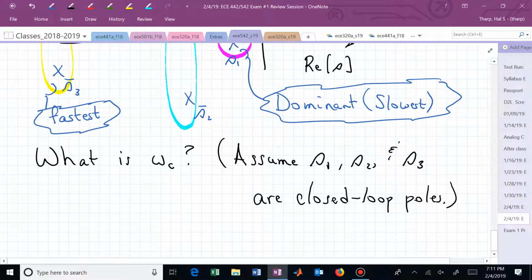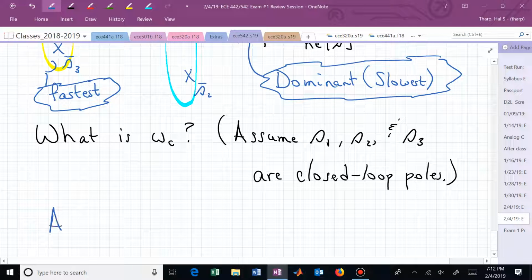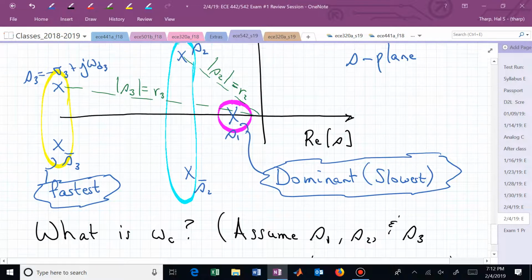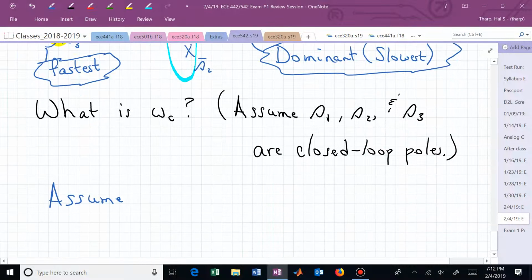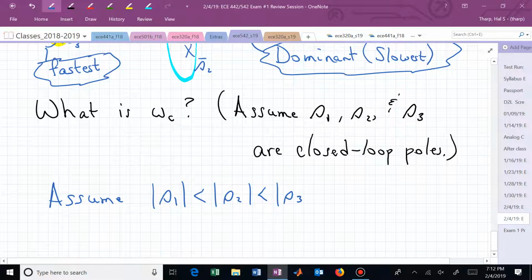And I'm going to go ahead and also assume the following relationship. Each of those poles, S1, S sub 2, and S sub 3, have a hypotenuse, or a distance away from the origin, a radial distance. I'm going to assume that the magnitude of S1 is less than the magnitude of S2 is less than the magnitude of S sub 3 as I've drawn them. So here's, let's say, R1, R2, and R3.